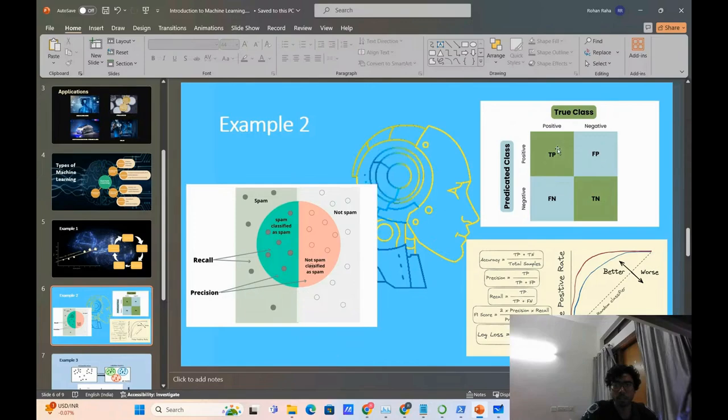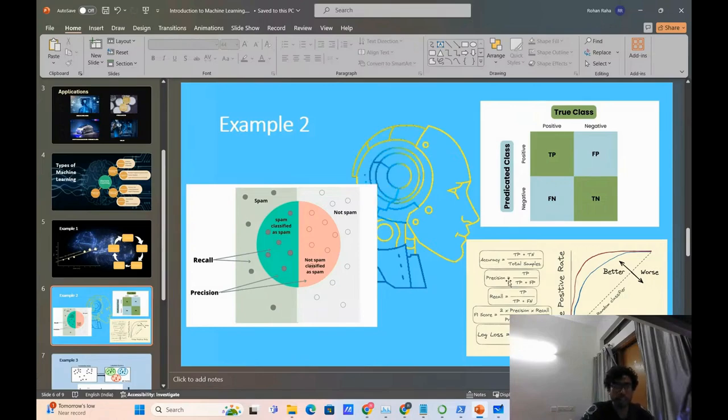Recall is true positive divided by true positive plus false negatives. This is the definition of precision and recall. And there is also something called the F1 score, which is twice precision into recall divided by precision plus recall.